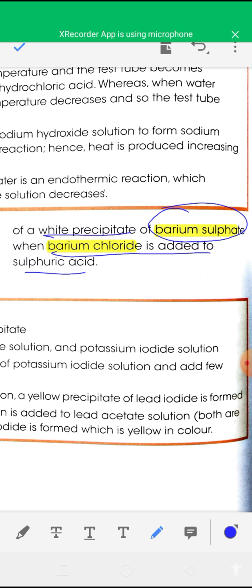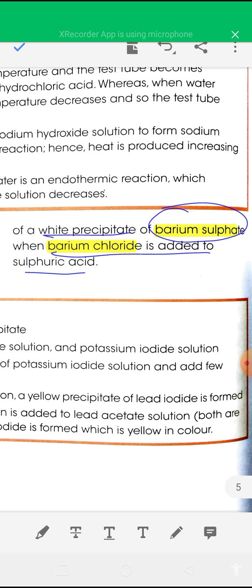So in this reaction, a solid insoluble product, that is a precipitate, is formed, and the name of the precipitate in this reaction is barium sulfate.